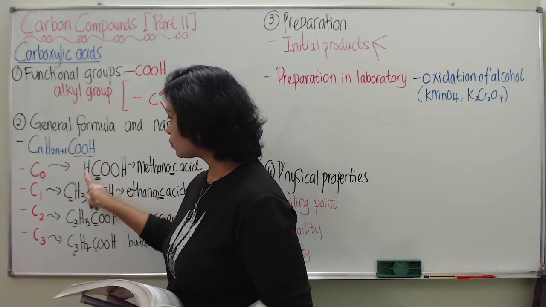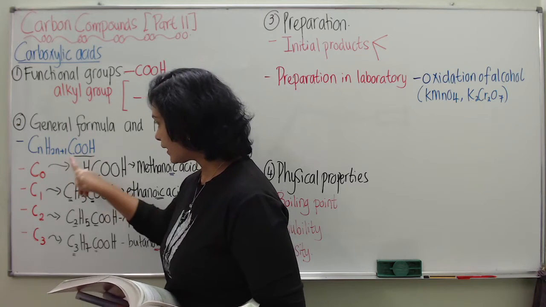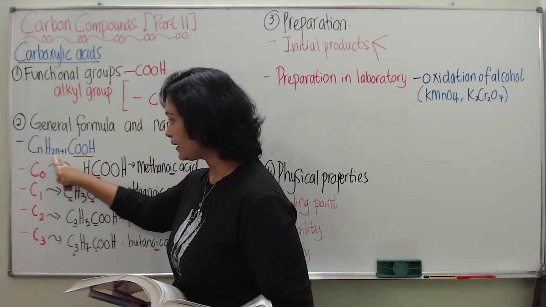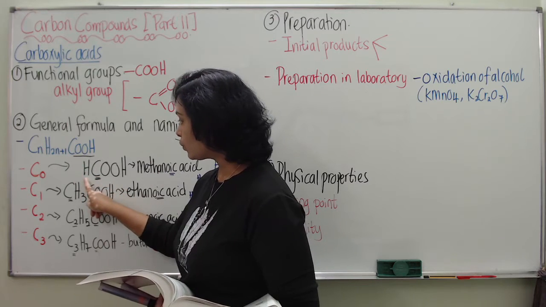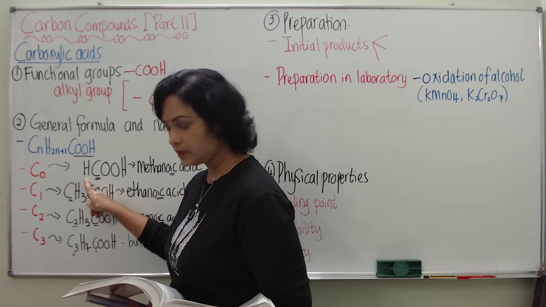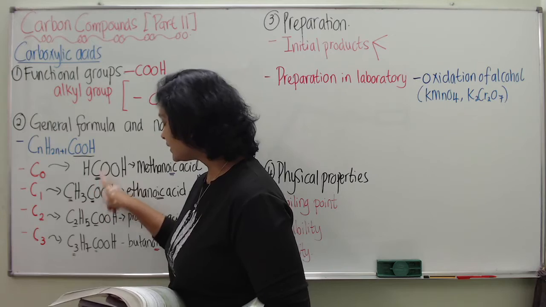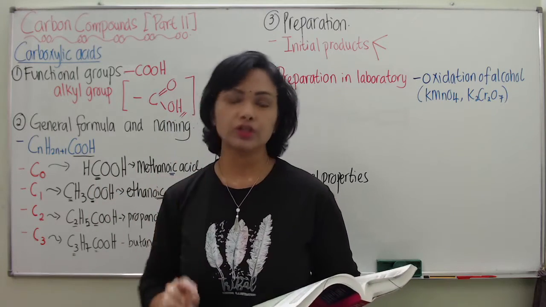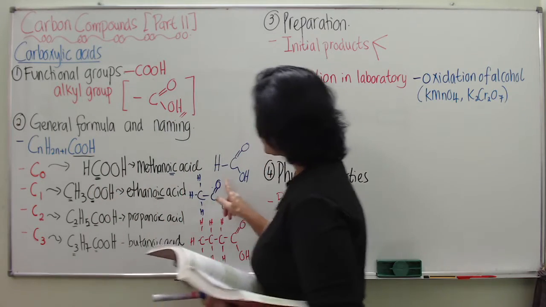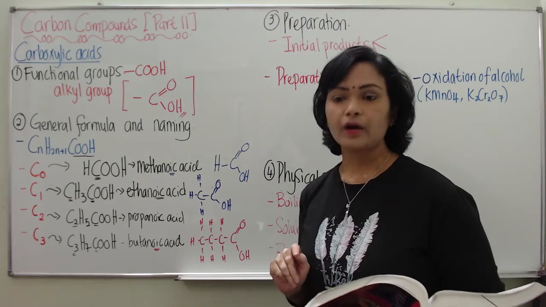That is the reason why when students calculate with n as 0, you will end up with only one hydrogen available, but with one C at least at the functional group. So that is the reason why it is said to be methanoic acid.